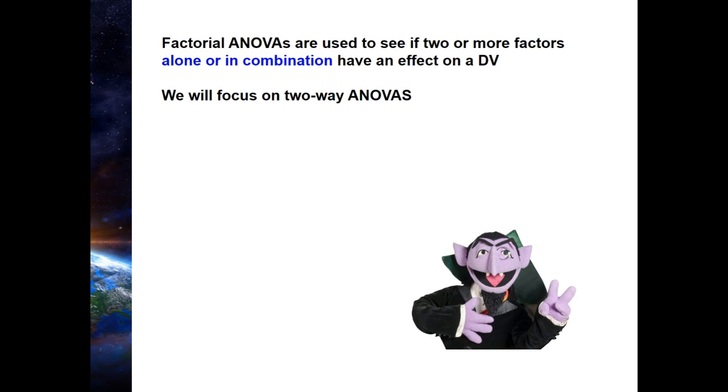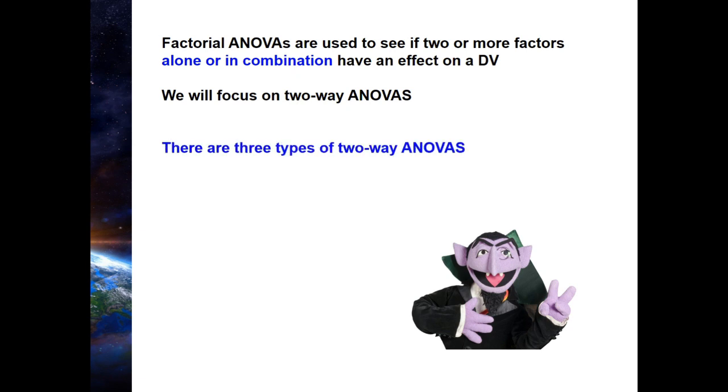That means 2 independent variables. If it was a 3-way ANOVA, it would be 3 independent variables, and so on. All right? Now, this chapter, we're focused on 2-way ANOVAs, which again means what? 2 factors, 2 independent variables, okay?